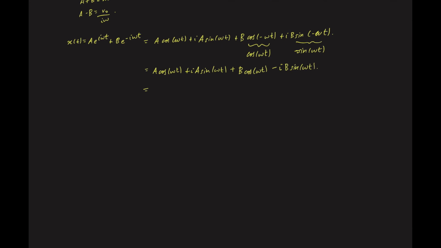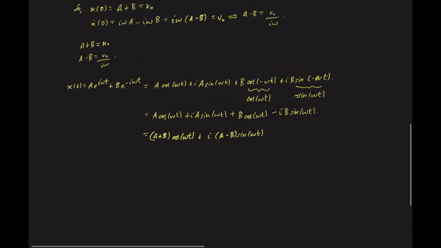Sorry, there shouldn't have been an i there. Let's group the sine and the cosine terms together. So this gives us (A plus B) cosine omega t plus i times (A minus B) sine omega t.